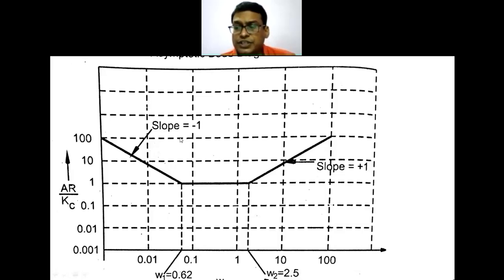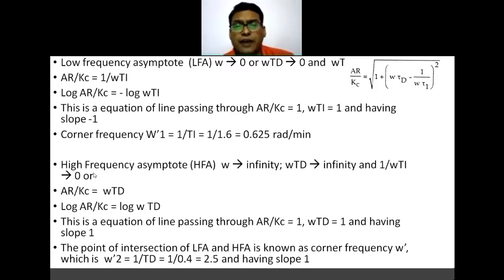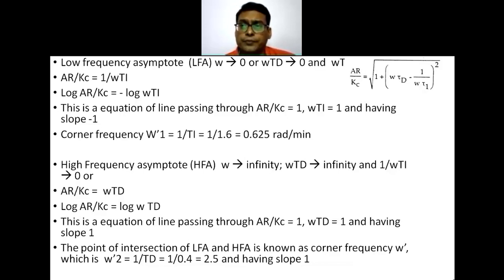The next is the high frequency asymptote, that is omega tends towards infinity, omega tau d tends towards infinity, and 1 upon omega tau I will tend towards 0. So it will depend on omega tau d. So log of AR upon Kc is equal to log of omega tau d.